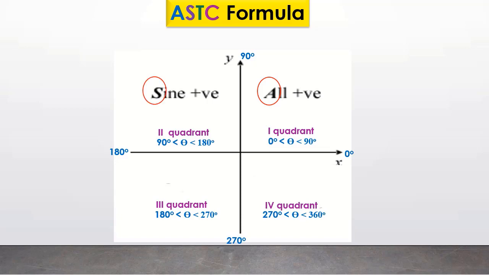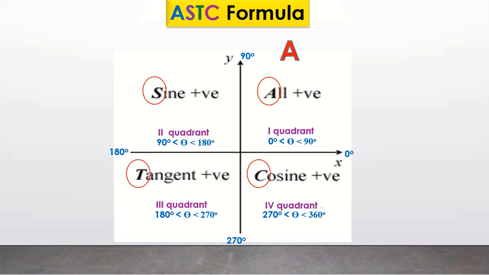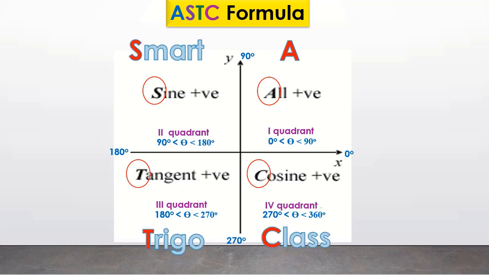In the third quadrant, T, tangent is positive. In the fourth quadrant, C, cos is positive. So we may use the phrase "a smart trigo class" to remember this.